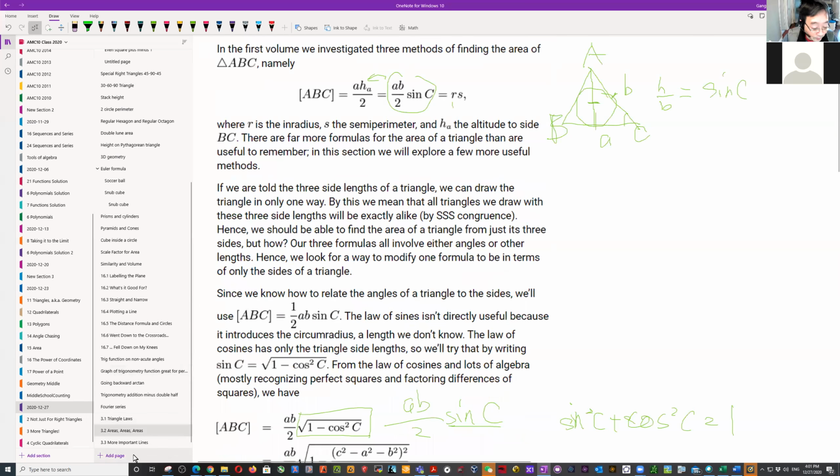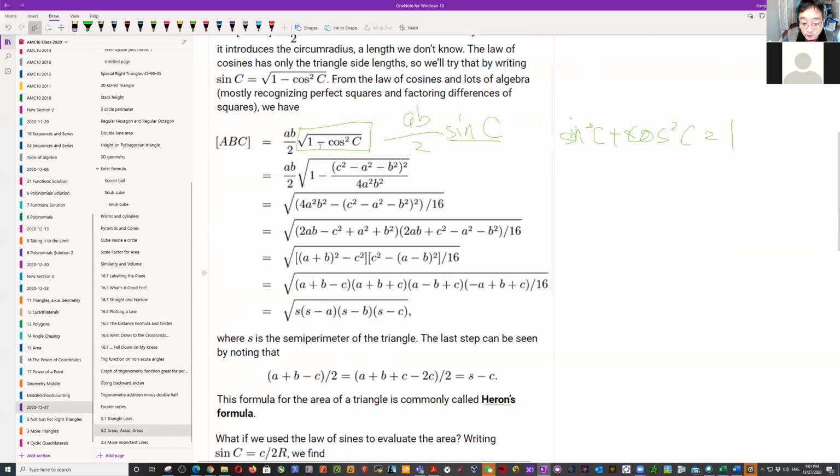So all we did here is use the sine and cosine identity, and replace the value by the law of cosines. Then we are able to figure out those relationships and simplify it to Heron's theorem.